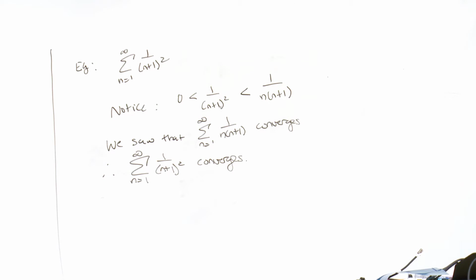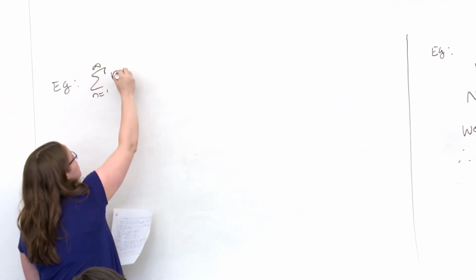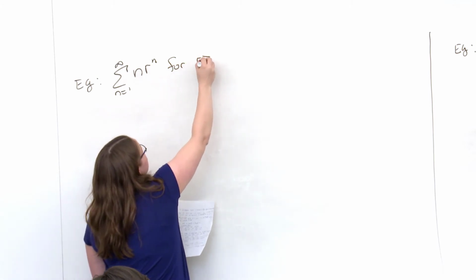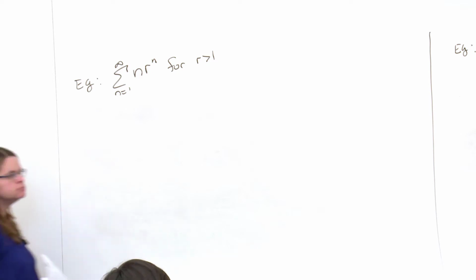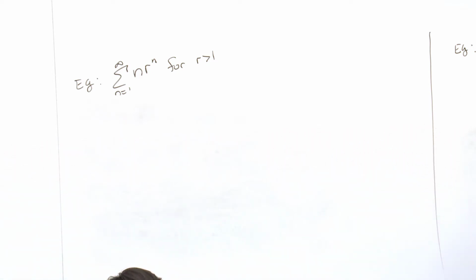Hey, we could do another example. This guy, n times r to the n, where r is some number bigger than 1. Okay, there's different ways you can analyze this one.